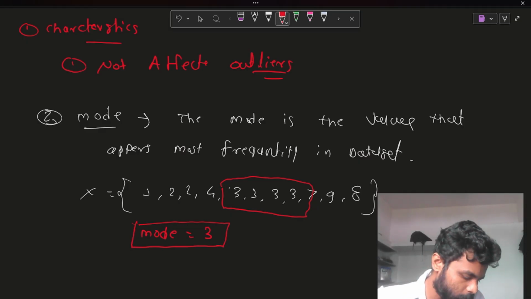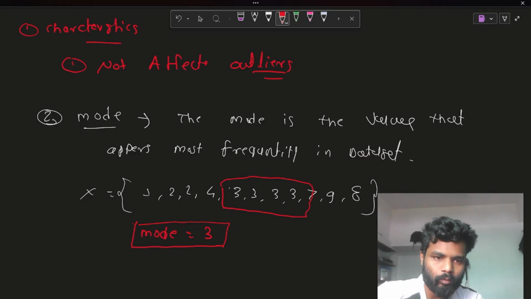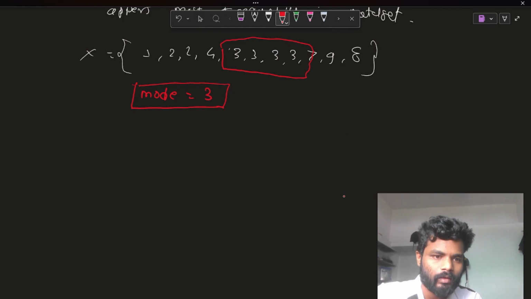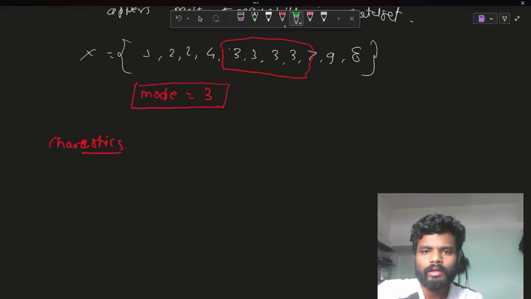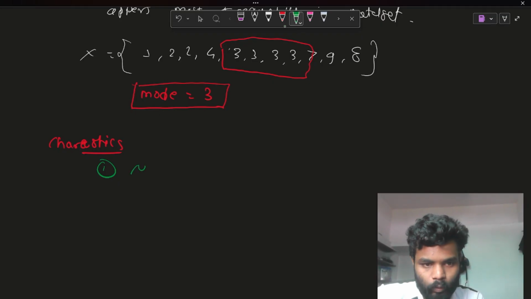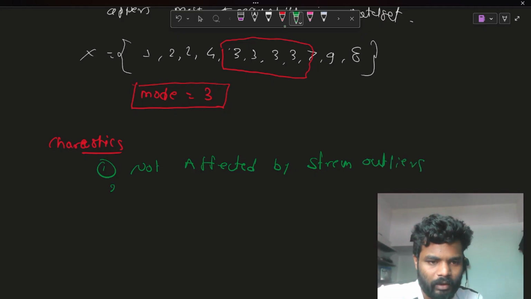I hope you understand the mean, median, and mode and how to calculate them. One more thing: let's look at the characteristics of the mode. One is that it is not affected by extreme outliers.